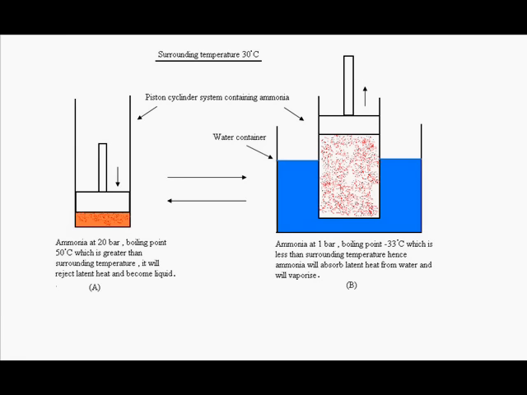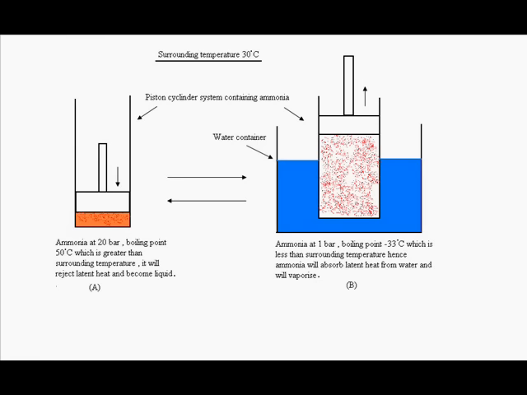Now suppose this piston cylinder system is dipped inside a water container and the piston is pulled, so that the pressure of ammonia inside again becomes 1 bar. In such case, the boiling point of ammonia will again fall to minus 33 degree centigrade. So what will happen? Since the boiling point is below the surrounding temperature, ammonia will vaporize.